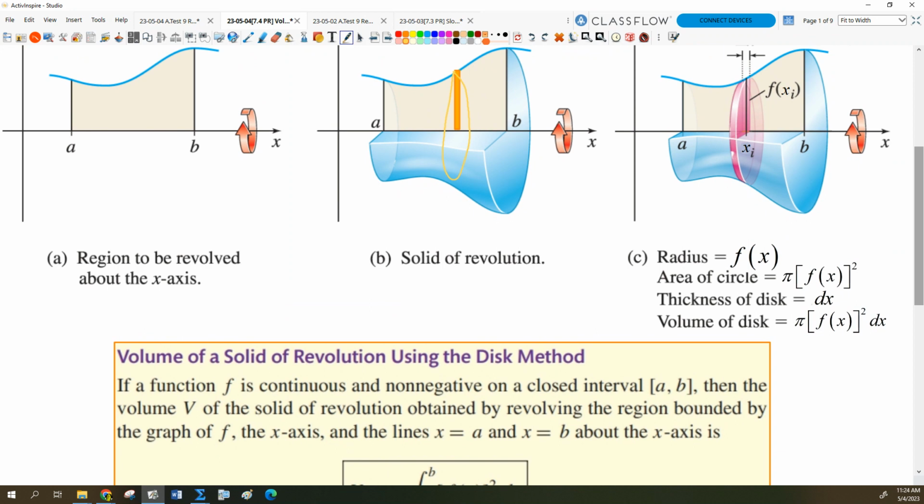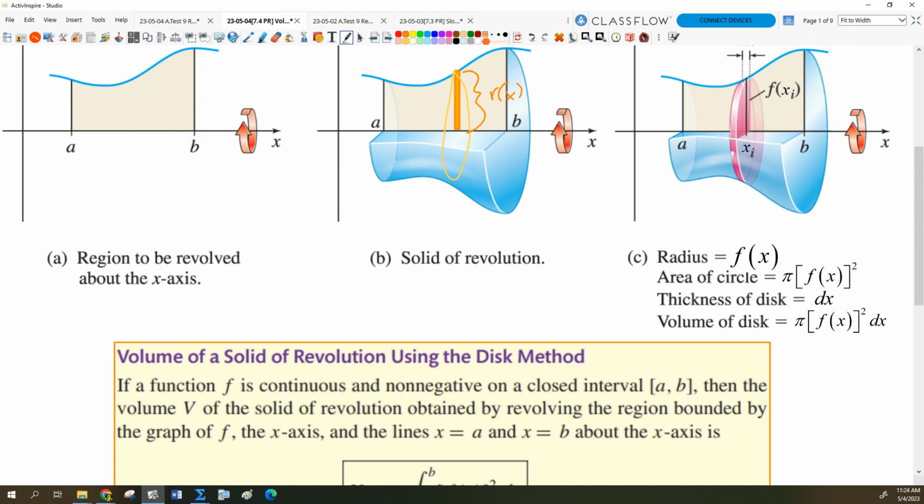So for us here, that would just be f of x, right? That distance right there is f of x. Now in general, I like to call that distance r for radius. So we would call that r of x because it's a function of x, and it's the radius of our disk that we're creating. What is r of x in this case? Well, it's just f of x, okay?